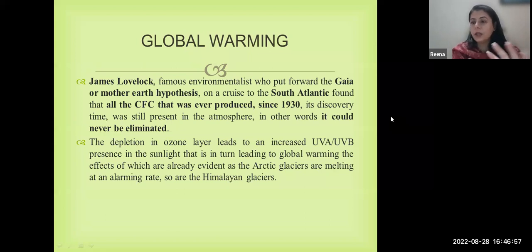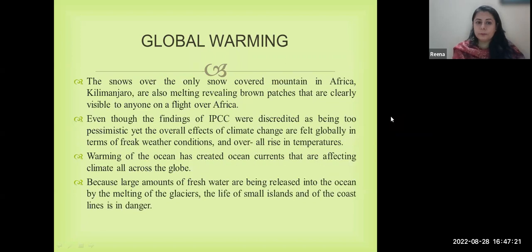It is not eliminated at all. So that was again a major revelation that led to the ban of CFCs from major industrial activities and products which were utilized at household levels. Depletion of ozone, you must be aware, increases the UVA and UVB presence in the sunlight and it leads to global warming.